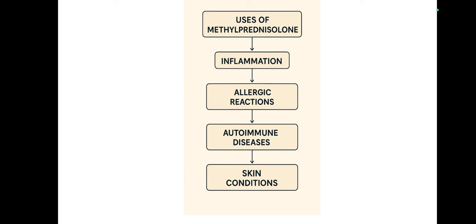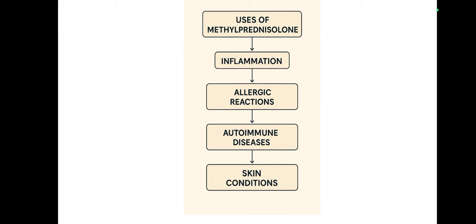So by this methylprednisolone, we can suppress our immune system, so that the autoimmune disease, where our own immune system damages our own body, can be prevented by suppressing our immune system.